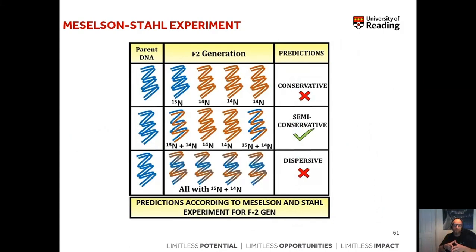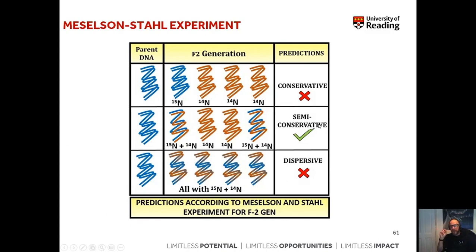Why? Because if we would assume that the conservative replication mechanism is true, then we would have mainly normal molecules in the second generation and only a few heavy molecules. In contrast, in the dispersive replication mechanism, we would have only one hybrid band with N15 and N14 DNA.